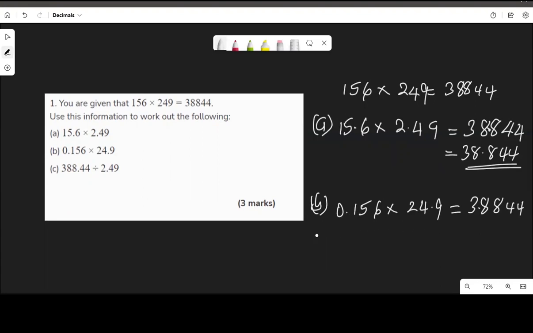Then finally, we have a division here, which is 388.44 divided by 2.49. Remember, in the case of division, to divide by a decimal number, we multiply the decimal number by a power of 10 in order to get rid of the decimal point.